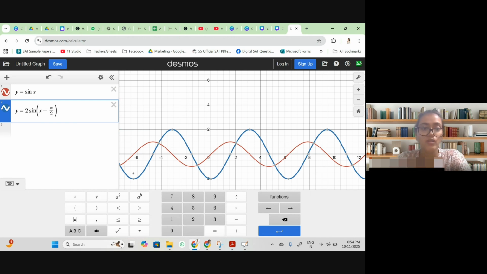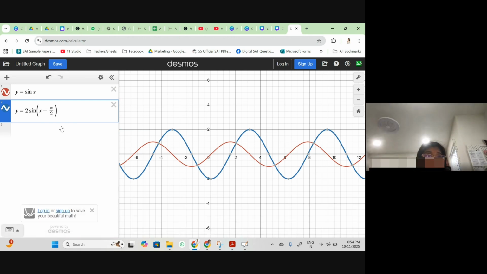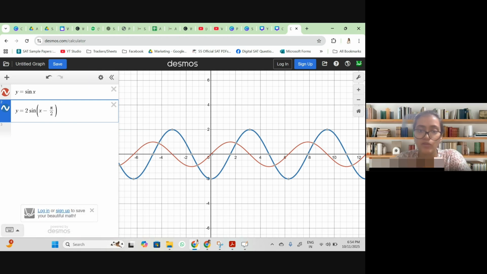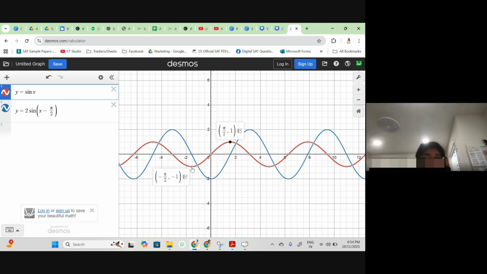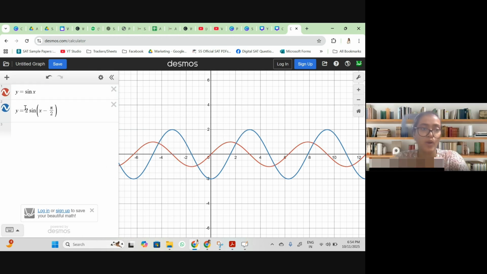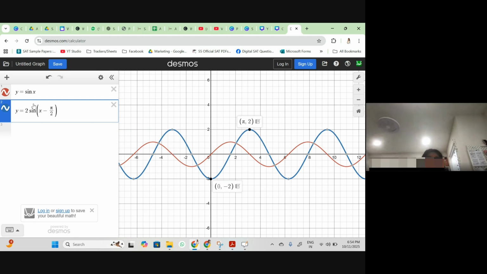Now I'm not done with the +3 yet. So what has happened so far? First, the height has changed. For the red graph, the maximum point was 1 and the minimum point was -1. Because of this 2, the maximum point is now 2 and the minimum point is -2.